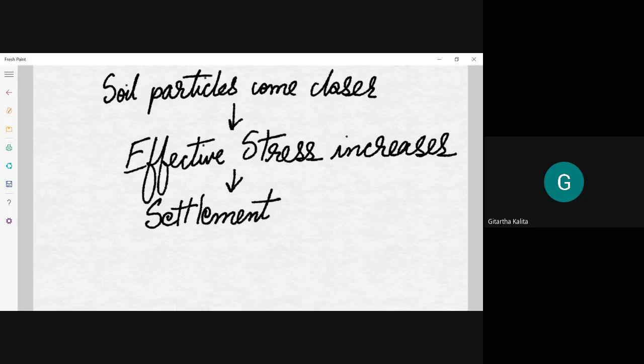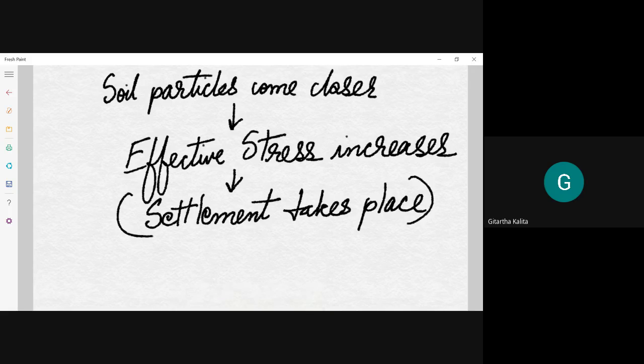Settlement takes place. So basically, this settlement, this volume decrease, is ultimately happening due to what? Expulsion of water.